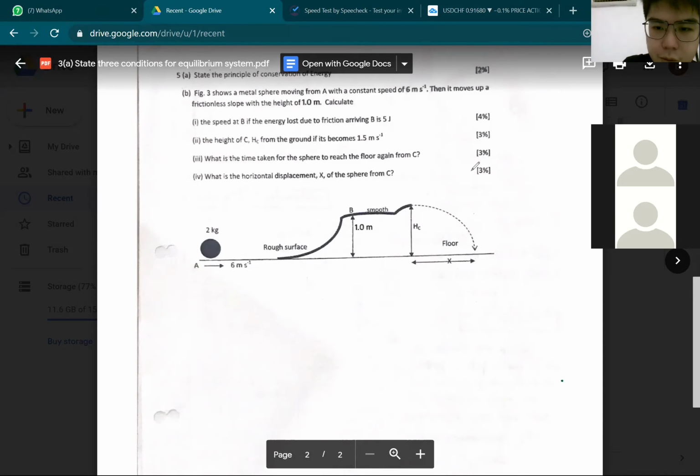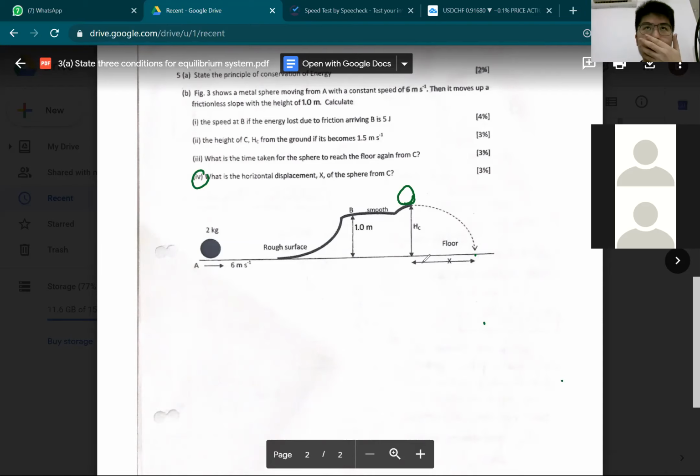Okay, so let's look at the last question. Number 4, what is the horizontal displacement of the sphere from C? Taking the motion from point C all the way down to the ground, there is a horizontal displacement. Why? Because there is a horizontal velocity.